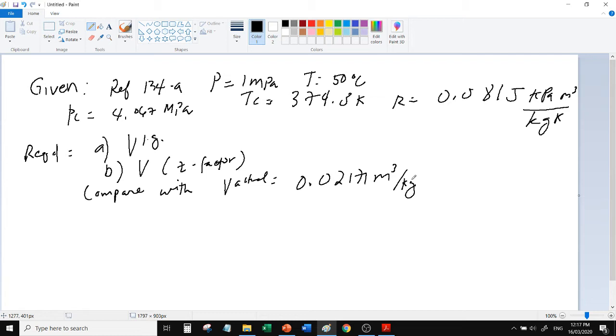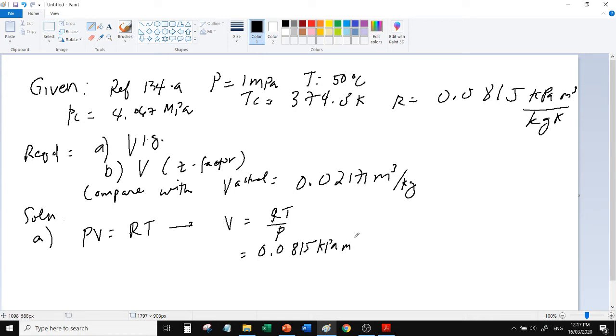Okay? So, for letter A, let's use for the specific volume na ideal gas. Obviously, we must use the ideal gas equation where V is specific volume. Okay, so isolating yung V on one side of the equation gives us this equation. Then, substitute the value of R per kilogram Kelvin.